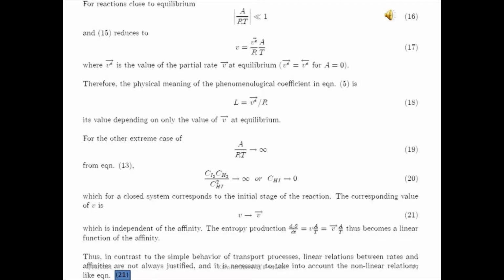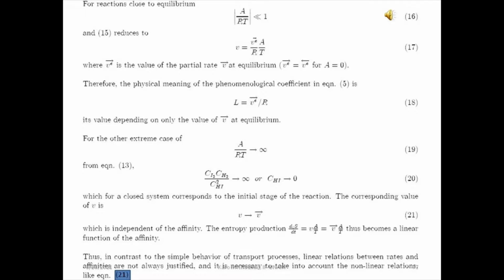So therefore, at the beginning stages, the net velocity of the reaction is given essentially by the velocity of the reaction in the forward direction, equation 21. So in this case, when the affinity is very large at the beginning of the reaction, we in fact find that the velocity, or the rate of the reaction, becomes a constant value, which is the value of the reaction in the forward direction.